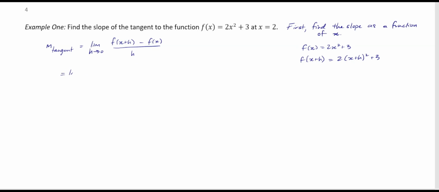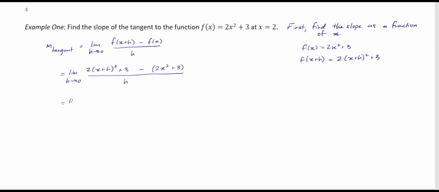So I'm going to write over here limit as h approaches 0, and now I'm going to sub in my f at x plus h. So 2 times (x plus h) all squared plus 3 minus f at x, bracket 2x squared plus 3, all over h.